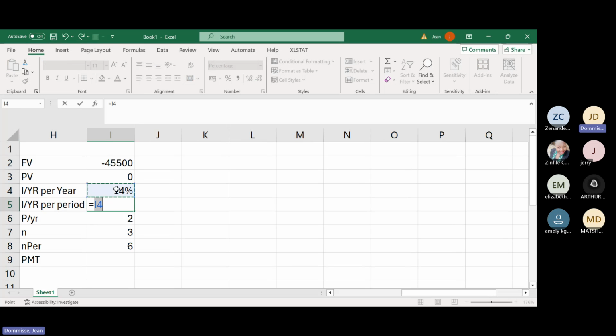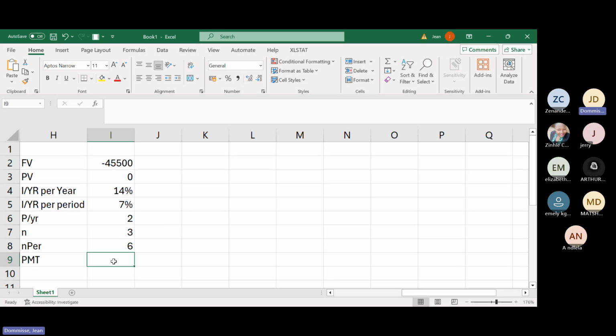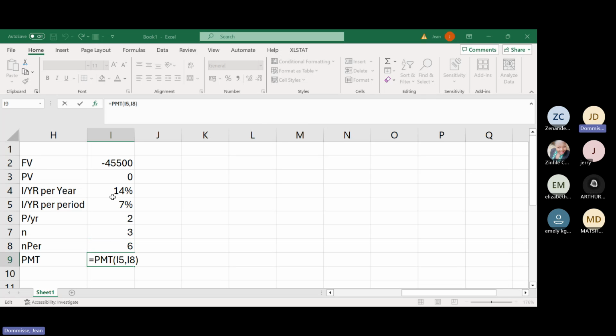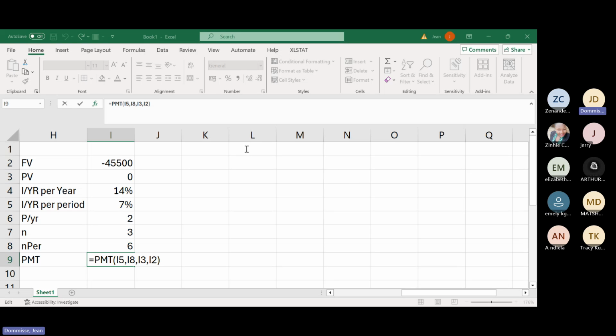So that is your 14% divided by how many times per year. That gives us the opportunity to add those numbers in again. So interest rate, then your number of periods. Present value was 0. Future value was that one. And then they ask, is the payment at the end of a period or at the beginning?